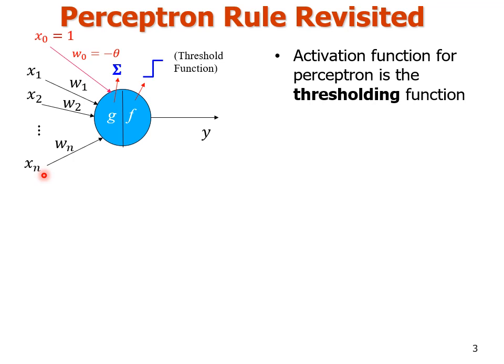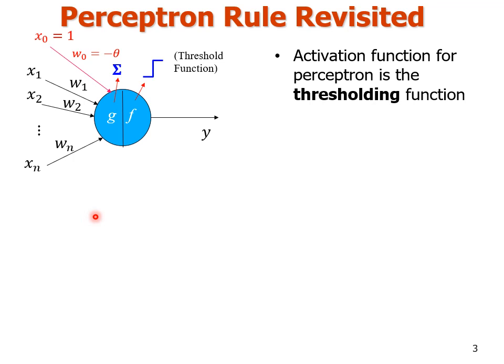So, if there is a mismatch in the actual class or actual label and the observed label by the perceptron, then we update the weights, otherwise we'll go to the next sample, and we repeat this process until we learn all the training examples. That means the convergence of the algorithm is when all the training examples are classified correctly.